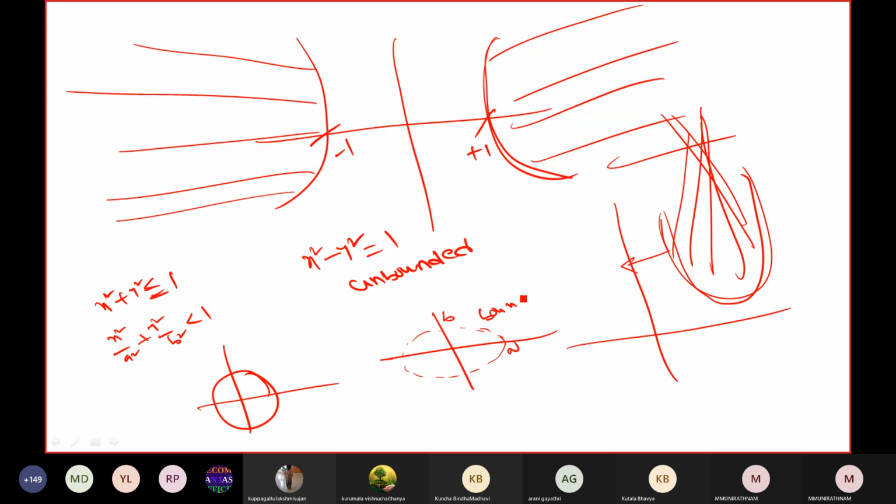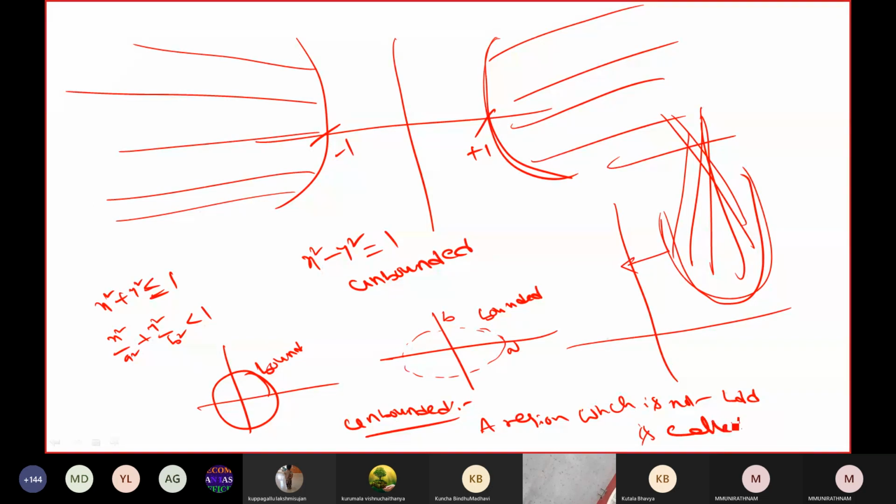This one is unbounded. A region which is not bounded is called unbounded.